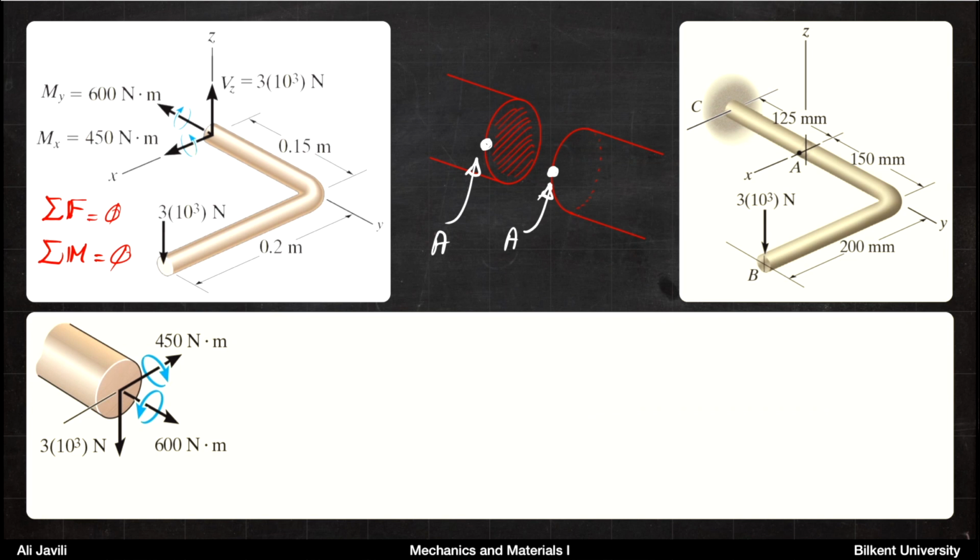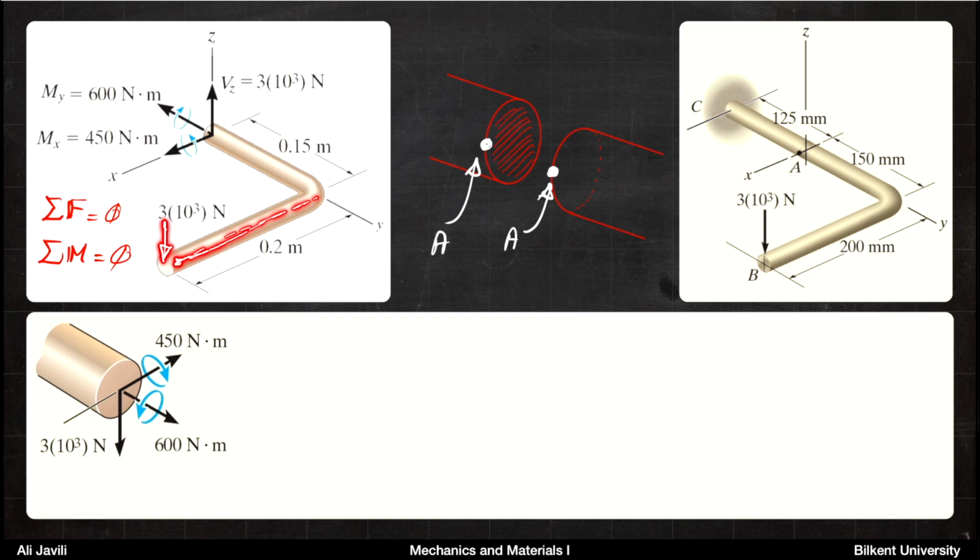So if you cut the rod at this section where point A is, you can see the forces and moments. The internal force you have there would be 3 kilonewton upwards to cancel the downward force. That comes from equilibrium. Then you can imagine that the force you apply has a distance in x direction, which would cause a moment in y direction.